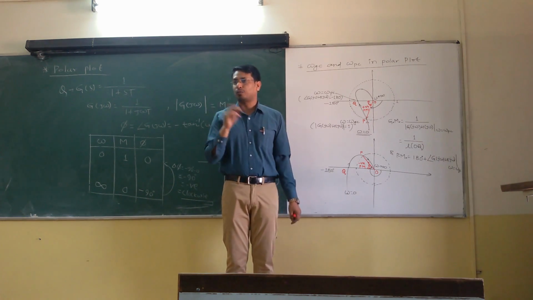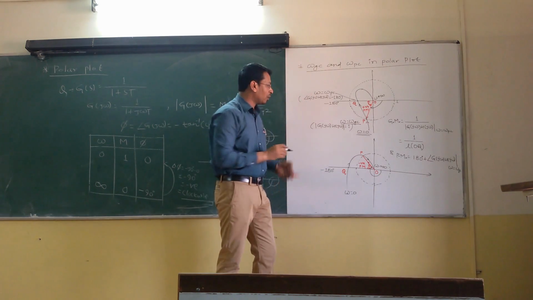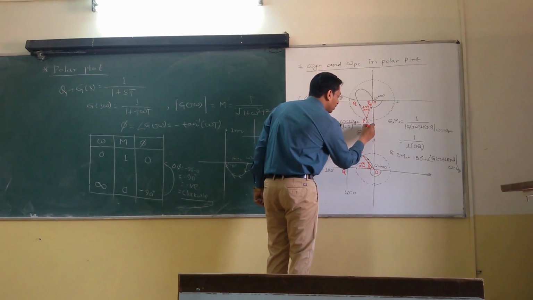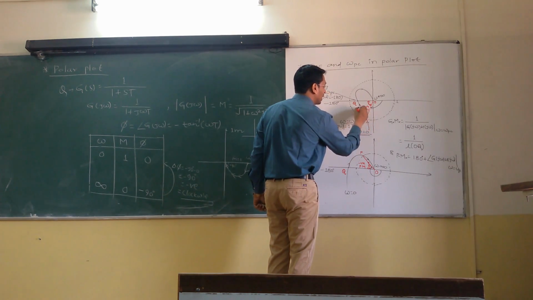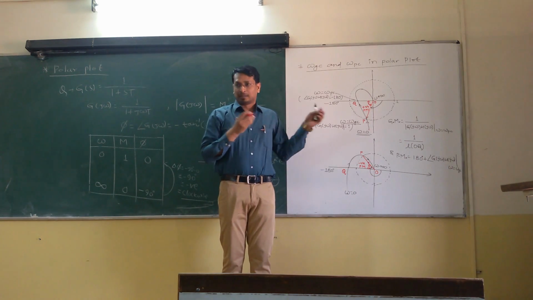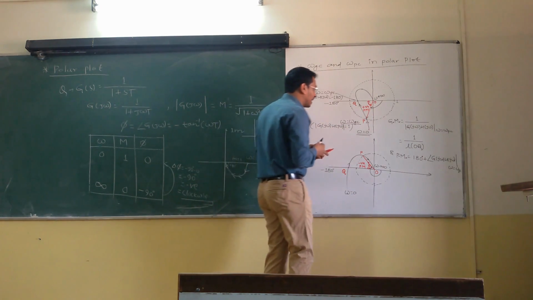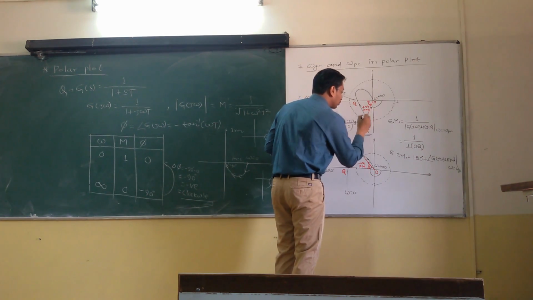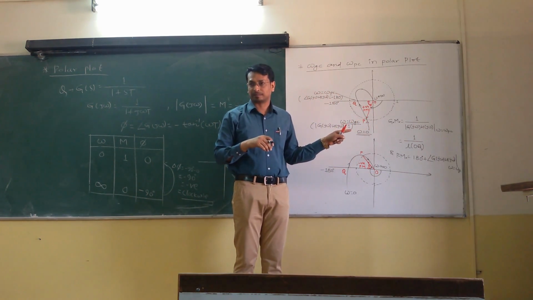It means that the corresponding frequency will be nothing but omega Gc. Starting from omega equal to 0, this point is omega 1, omega 2, omega 3; some value of omega must be associated with each point of your polar diagram. But we are interested in this particular point, so it must be associated with some given frequency.